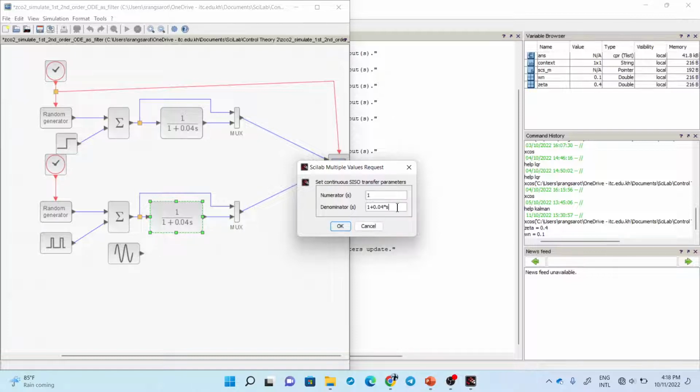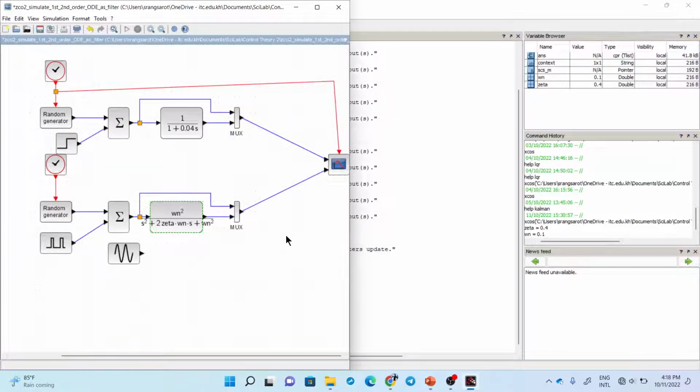Now I define it like this: s square plus 2 times zeta times omega n times s, and then plus omega n square. Also for the numerator, omega n square, right?